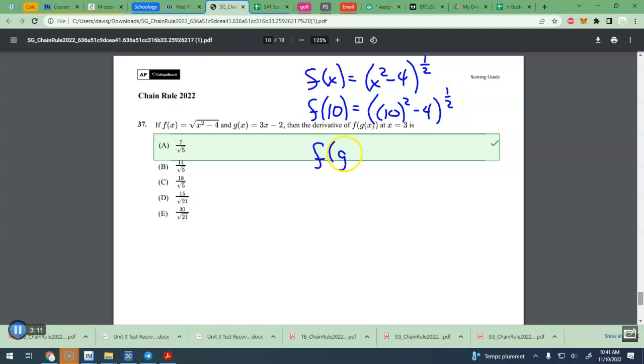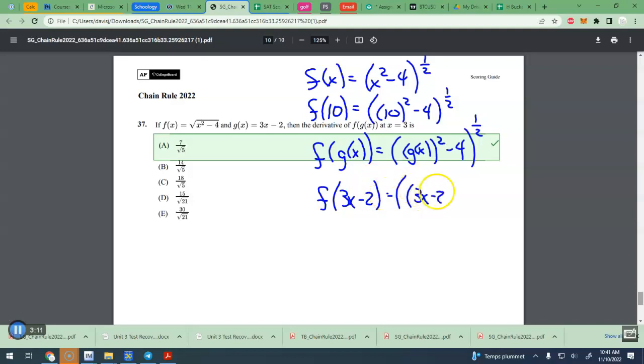Well, f of g of x means plug g of x in. And then I know what g of x is. So I can get to that. You with me? To that part?